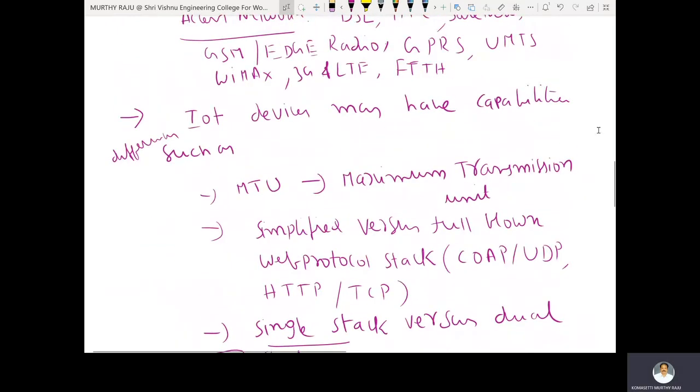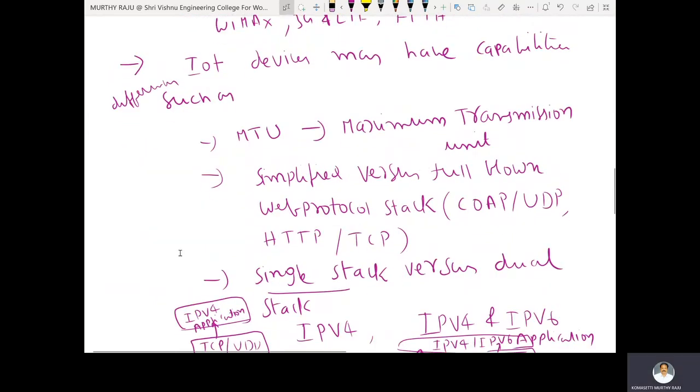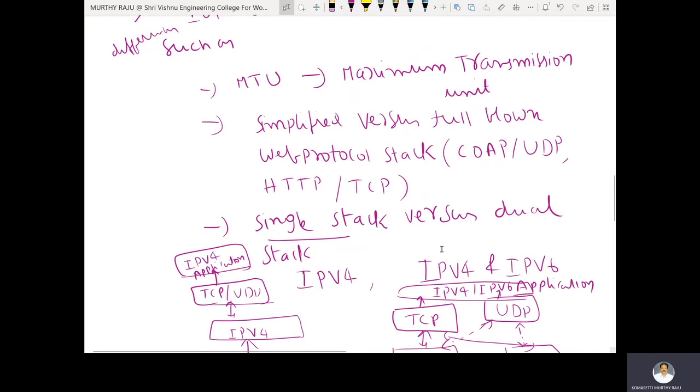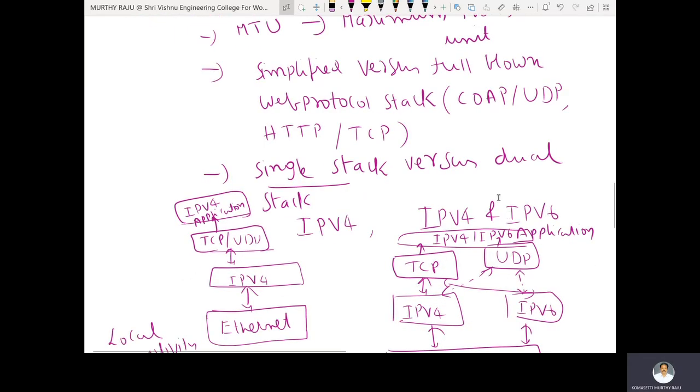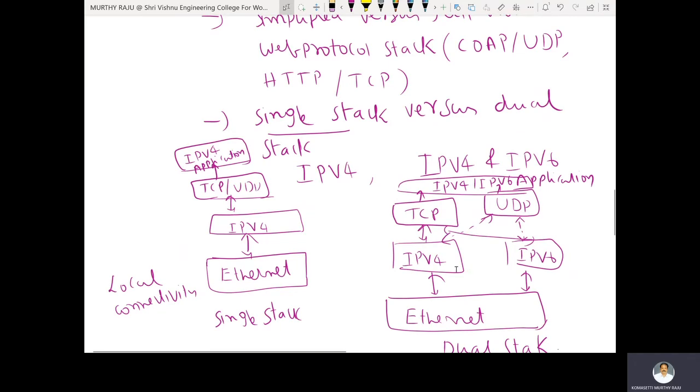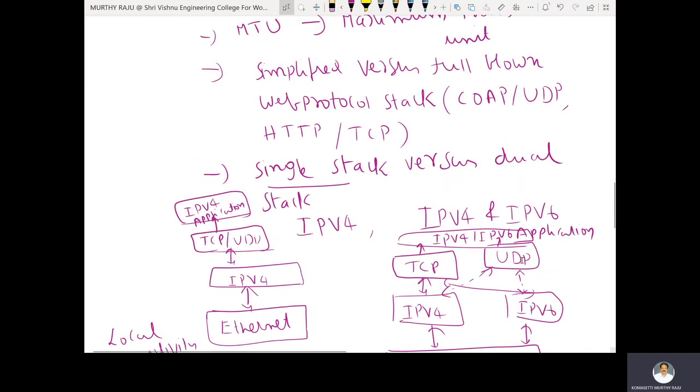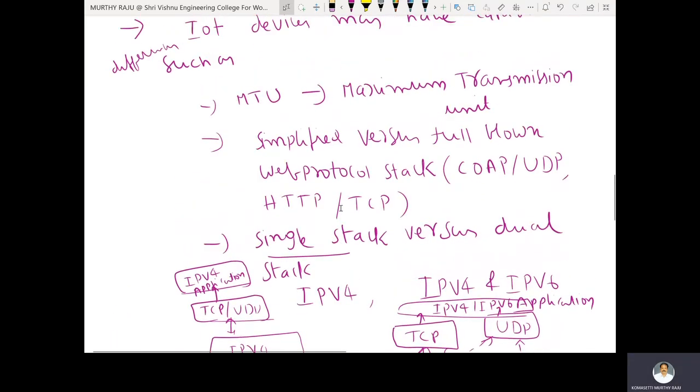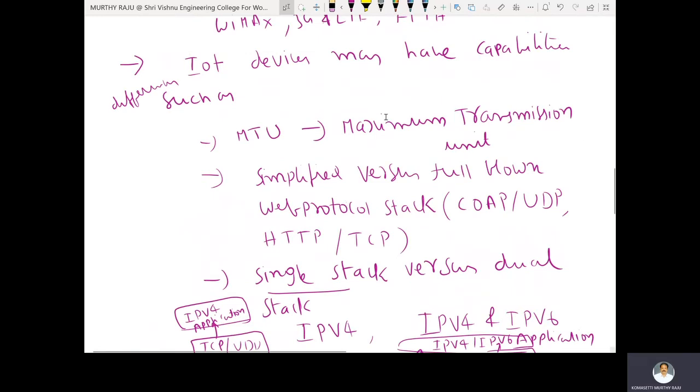IoT devices may have capability differences. Single stack versus double stack, dual stack. In the single stack case, the devices use the IPv4 version. In the double stack case, the device uses both versions, IPv4 and IPv6. In case of maximum transfer unit, some devices produce more data, some devices produce less data. That is also related to capability.